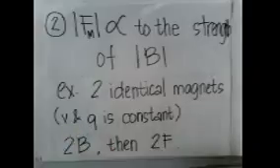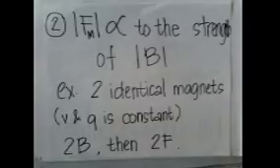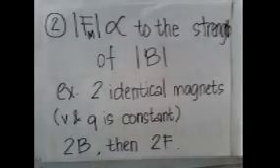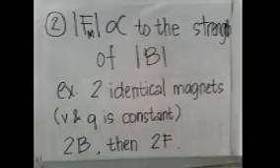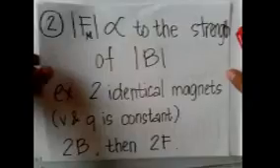For example, if we have two identical magnets, with the velocity and the charge of the particle constant, a magnetic field of 1 gives a magnetic force of 1, and a magnetic field of 2 gives twice the magnetic force. The magnetic force of the 2 magnetic field is twice as great as the magnetic force of the 1 magnetic field. So that is the second characteristic.